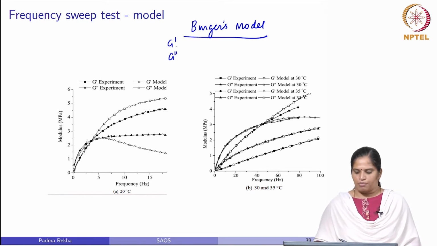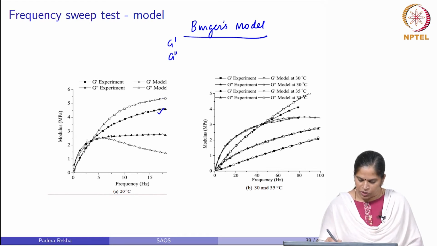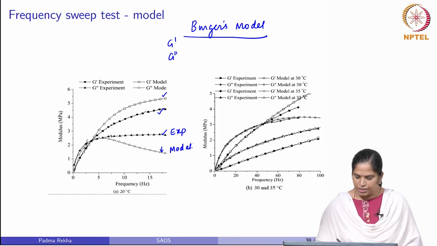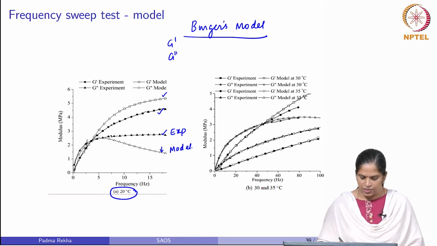Now, if you see the Burgers model prediction, the one with fill is the experimental data and the one without fill is the model data at different temperatures.